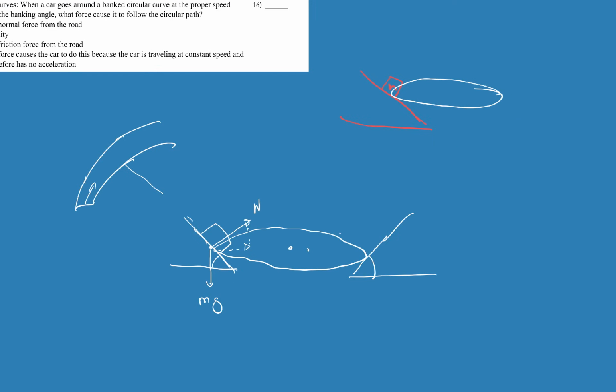So this is the bank. Okay, this is the bank. Imagine the bank in 3 dimensions, and the object is moving in a circular motion.